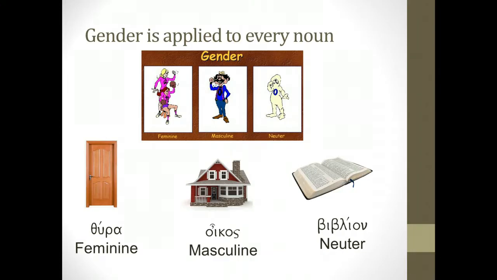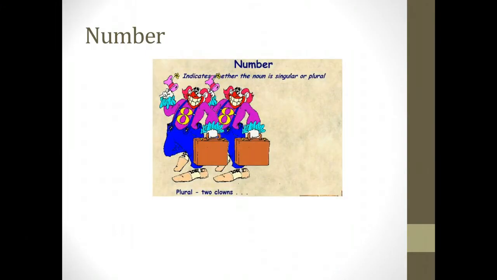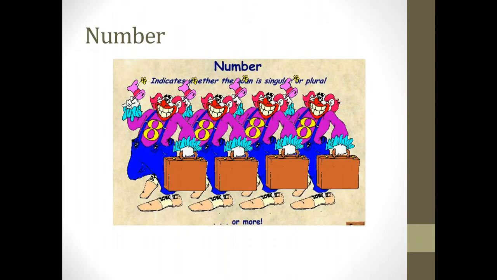But at this point, what's important for you to remember is that there are 3 genders, masculine, feminine, and neuter, and that every noun has to have a gender when you're identifying it. The second thing is number. When we look at a Greek noun and we read it, we can find out if there is one clown, okay? Or sometimes we'll know that there are 2 clowns, or there can be many clowns.